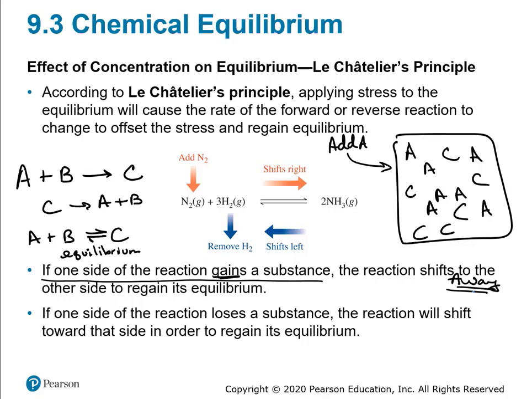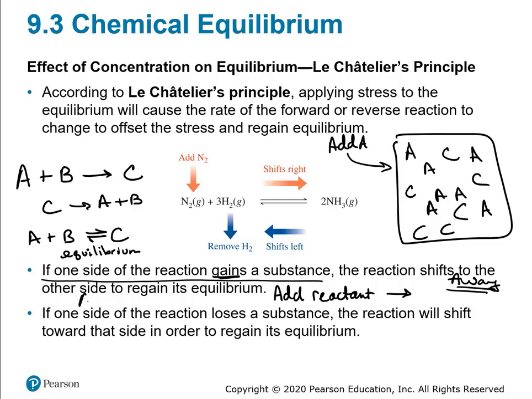If I add a substance, it shifts away. So if I add reactant, the reaction shifts this way. The forward reaction will occur to try and rebalance equilibrium.